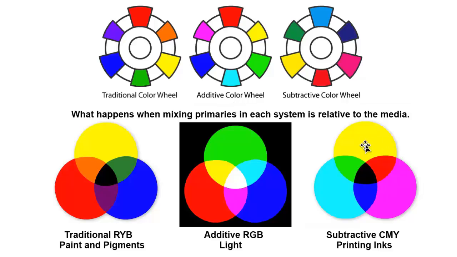Now, with the subtractive paints that are formulated for printing inks, and most of us are familiar with these because of our home printers, we have the cyan, magenta, and yellow ink, and when mixing those colors together, cyan and magenta make blue, cyan and yellow make green, and magenta and yellow make red.